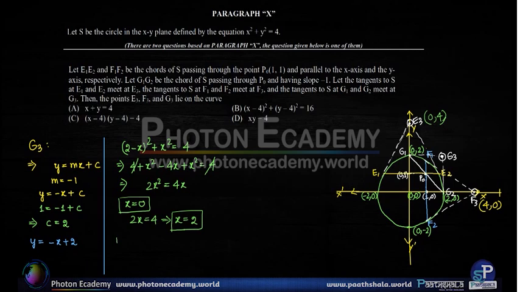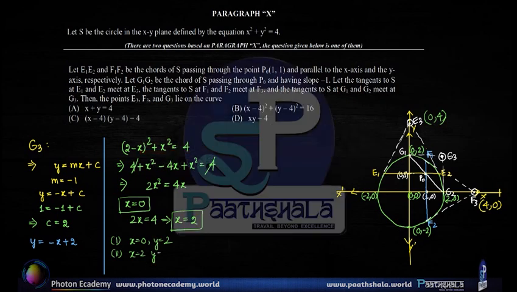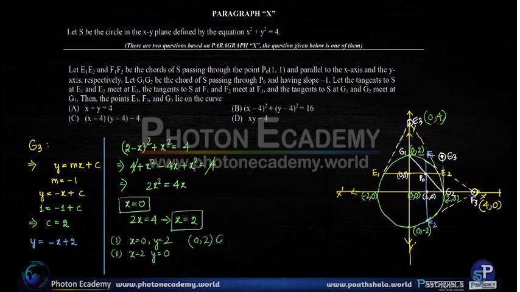For x is equal to 0, we have y is equal to 2, and for x is equal to 2, we have y is equal to 0. These are nothing but what we actually drew in the picture: G1 is 0, 2, and G2 is 2, 0.